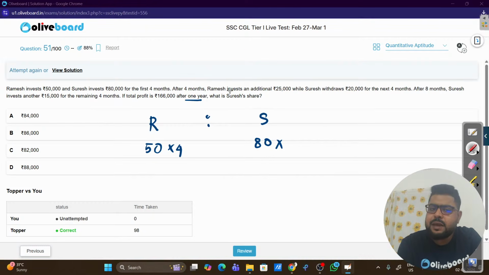After 4 months, Ramesh invested an additional 25,000 for the next 4 months, meaning 75 for the next four. After 8 months, Ramesh has not invested anything.